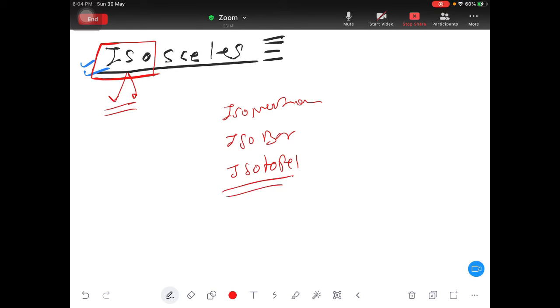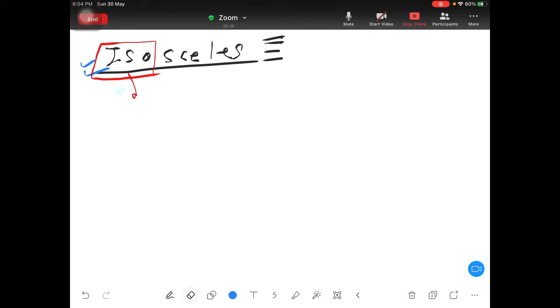In isotopes, something is common, something is the same. So whenever something is the same, we use the word iso. In the triangle, iso means two things have to be the same.